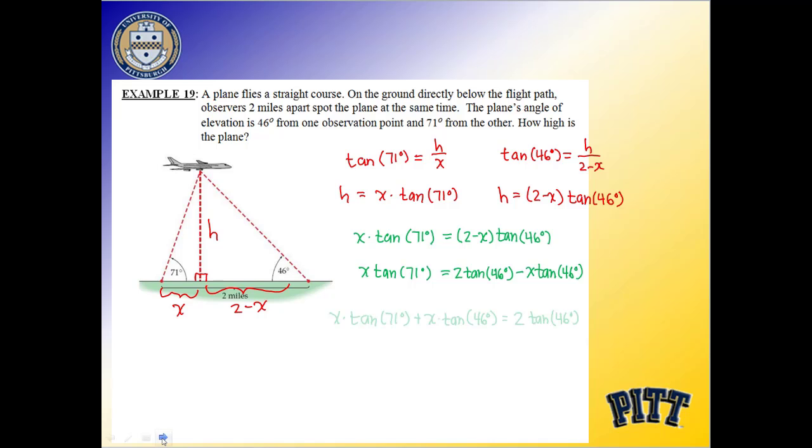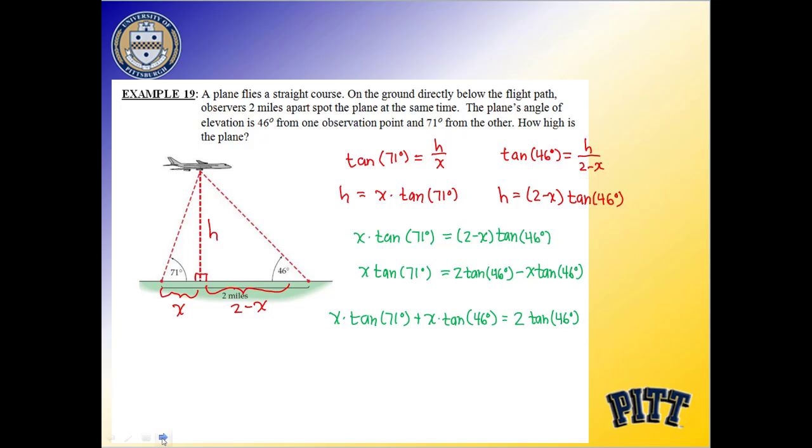I'm going to get all my x's on one side, so I'm going to add x times the tangent of 46 degrees to both sides. Because I'm not evaluating what the tangent of 71 degrees and the tangent of 46 degrees are, under most circumstances here on the left hand side I'd be able to combine like terms, because I have a number times x plus another number times x, so I would just add those two numbers together. The problem is, I don't have those written as numbers. I have them written as the tangent of another number.